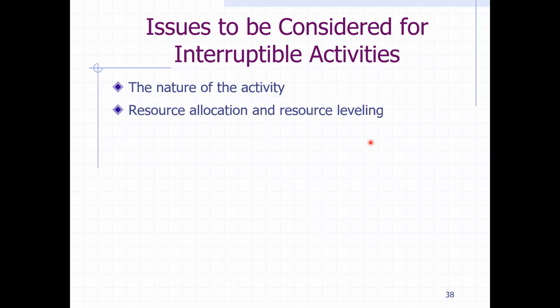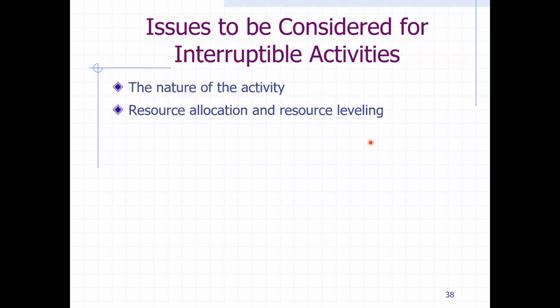Also, the resource allocation and resource leveling. For instance, it may be more logical to split a certain activity because the logic says so, and also more efficient. But when you look at the resource allocation and resource leveling, it'll be less cost effective. Then you're going to have to make a decision: is it worth it?